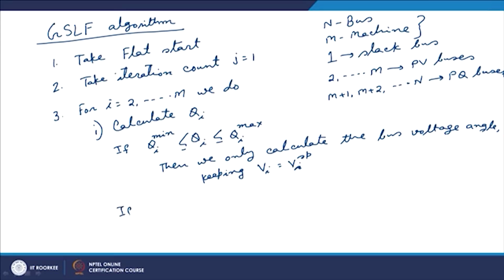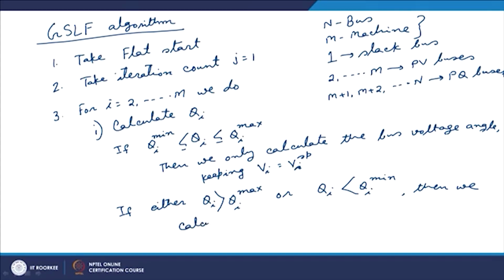And if either Qi is greater than Qi max or Qi is less than Qi min, then we calculate both Vi and theta i, where theta i denotes the bus voltage angle of bus i.